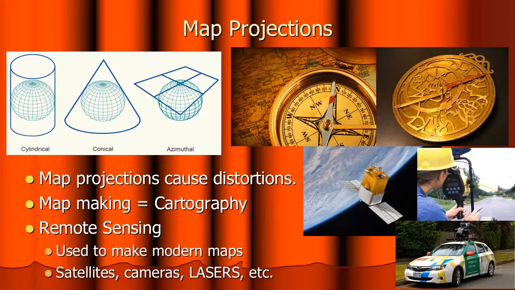But these days we use what's called remote sensing for the most part. I don't know if you've ever seen this before, but if you're lucky, you may have seen one of the Google Maps cars go by at one time. That's how they make the Google Maps images. They have a car that has a camera on it that takes all sorts of pictures and videos. We also use things like lasers, and we use things like satellites to get images and to map out the Earth.